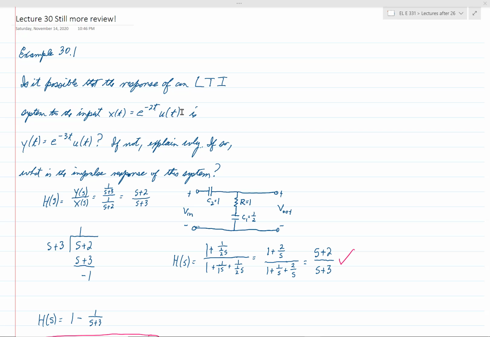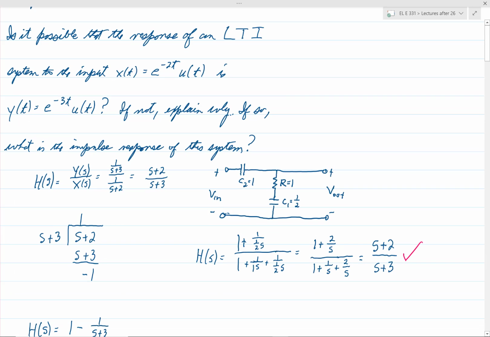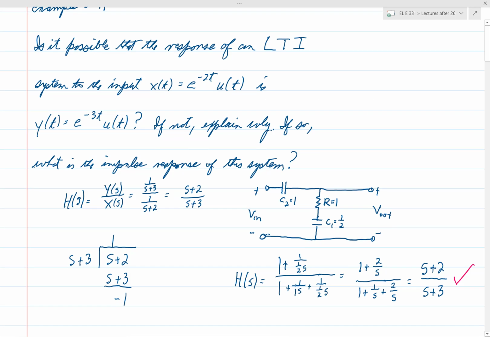Both of these signals exist only for t greater than or equal to 0, and so we can take the Laplace transform of each of these signals and work in the Laplace domain. So H of s is equal to Y of s over X of s.